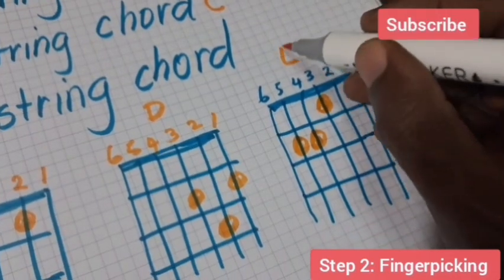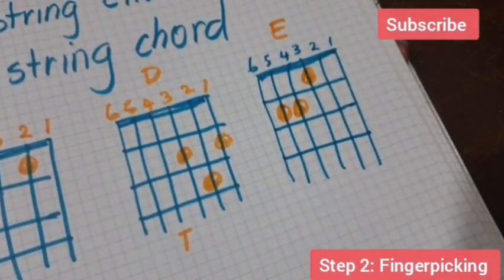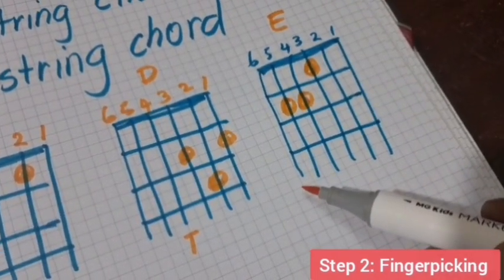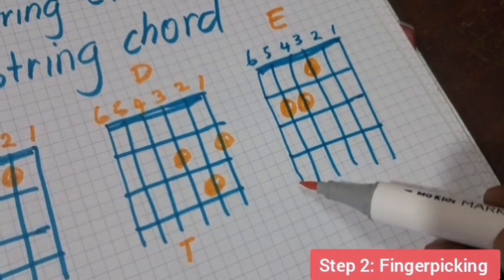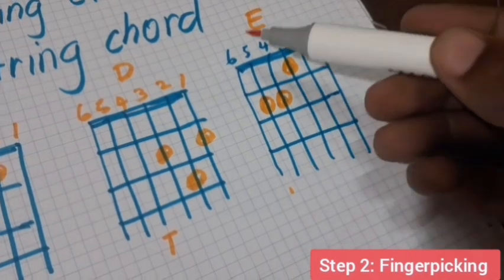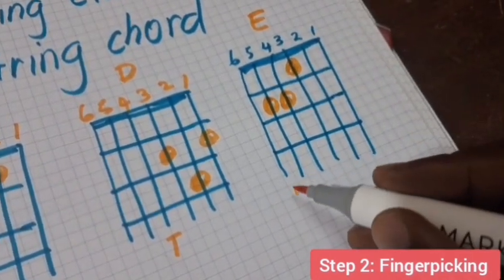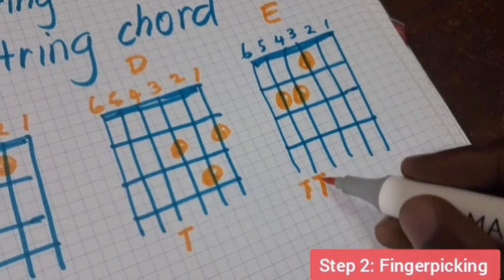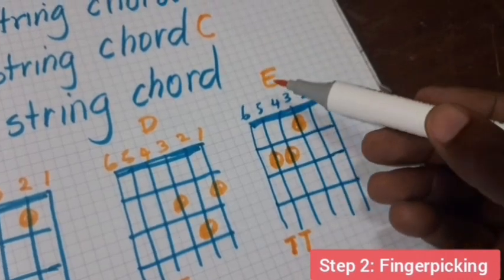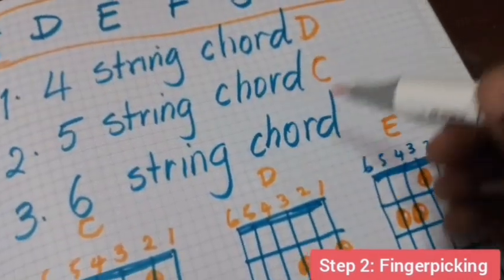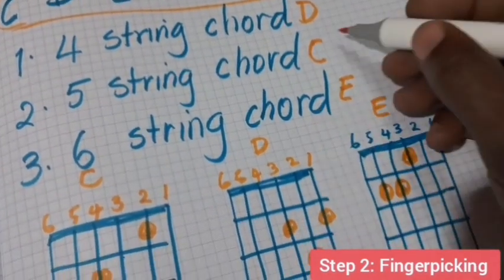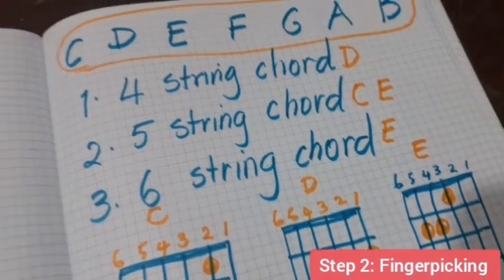In the key of E, now there are 2. Some play it under 6, because in any case, this open string is E. So this could be our T here, and this could be our T. So that makes key E, it could either be under the 6th string or under the 5th string.